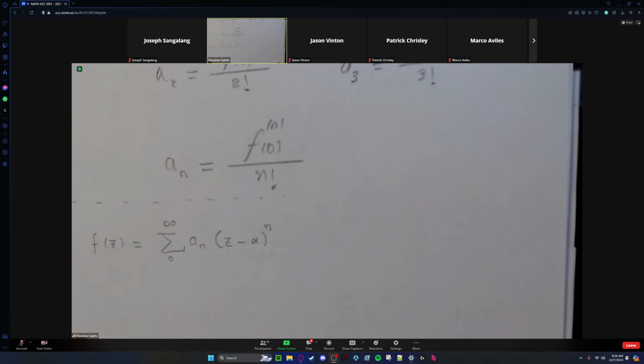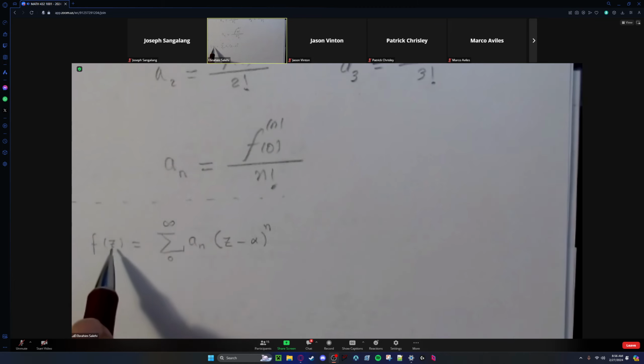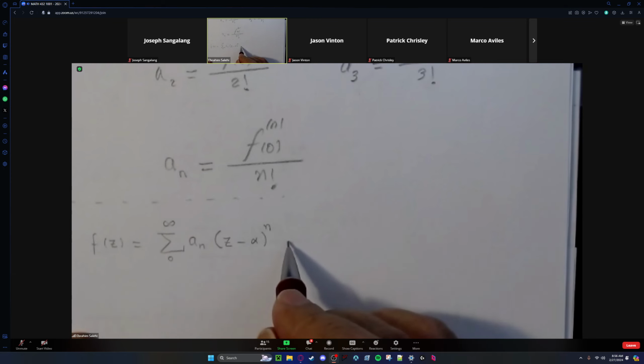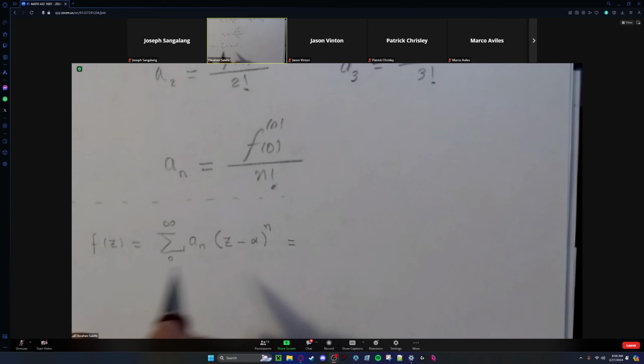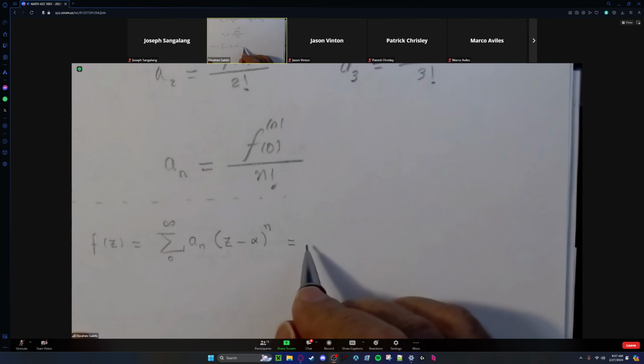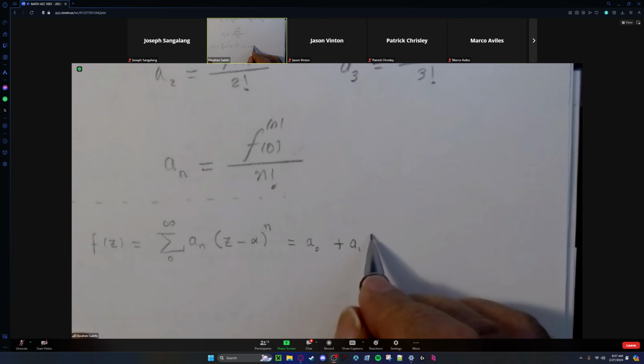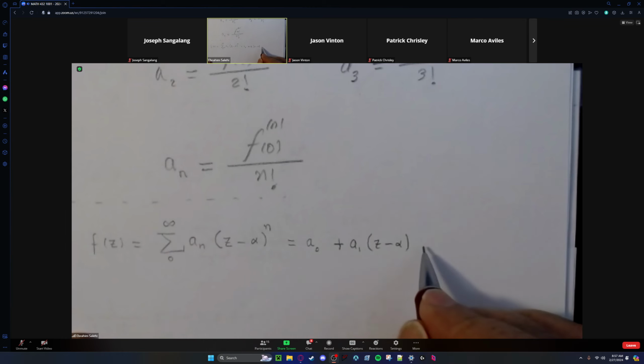With the same argument, if you replace z with alpha, oh, let me write a few terms. For n equals 0, you get a0. For n equal 1, you get a1 times z minus alpha, and so forth.